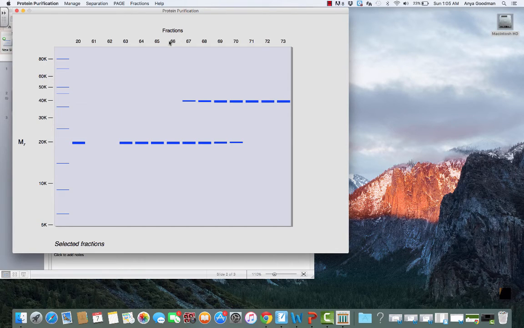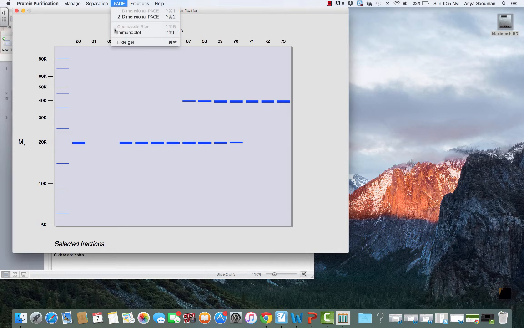Then from fraction 63 through fraction 66, we have protein 2 in a pretty pure form, right? But then after 66, our protein 2 will also have some protein 1 mixed in. So if you wanted pure protein, you would pool fraction 63 through 66, but then notice that you will lose quite a bit of activity here.